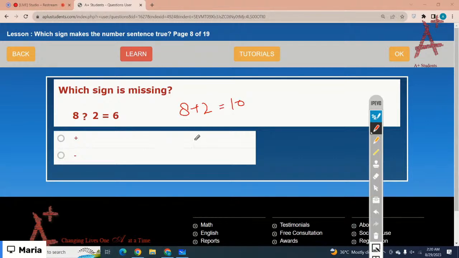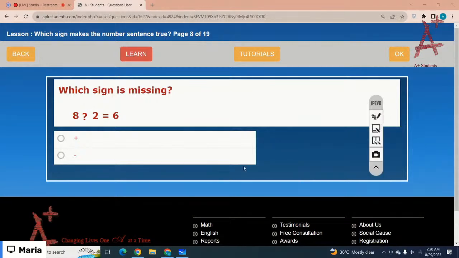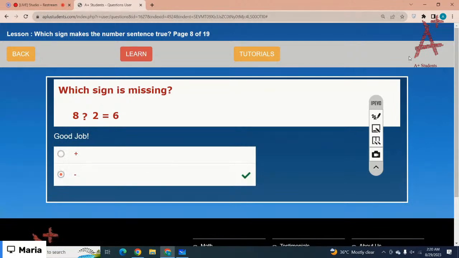So you have to subtract. 8 take away 2 equals 6, right? That means the correct option is the negative sign. You have to subtract them. It would be the second option. 8 take away 2 equals 6. That is the correct one.